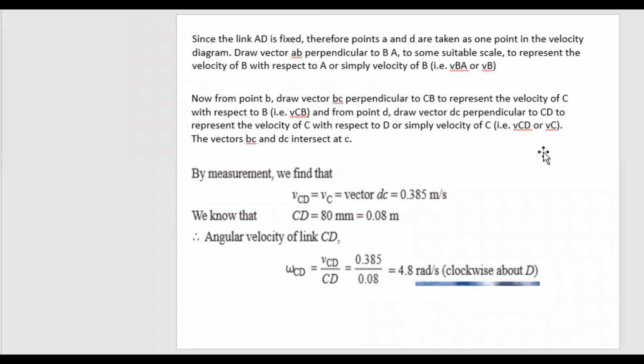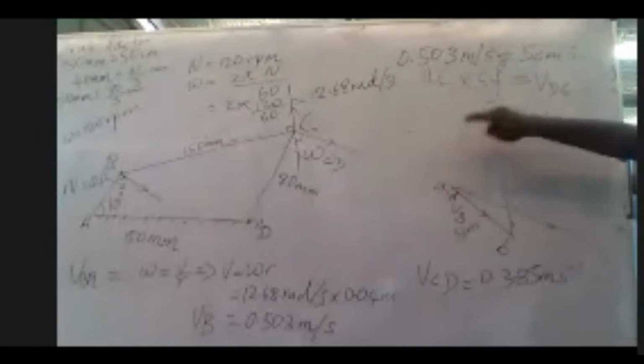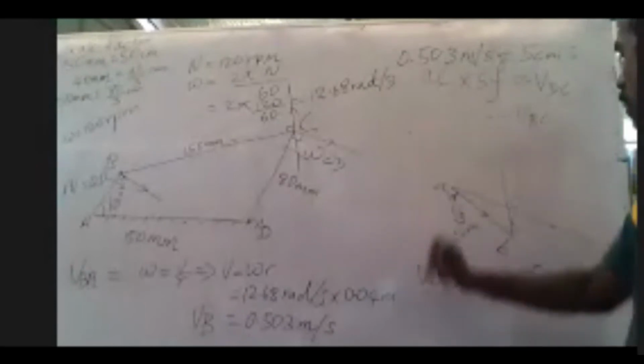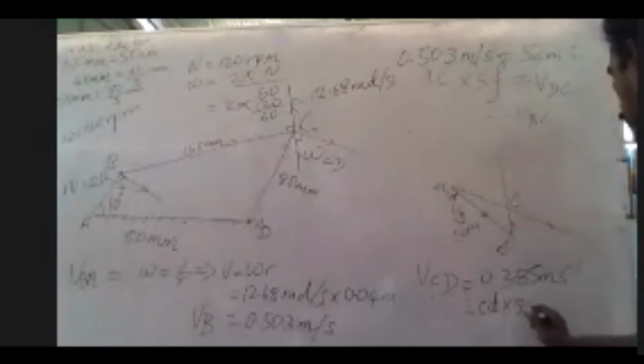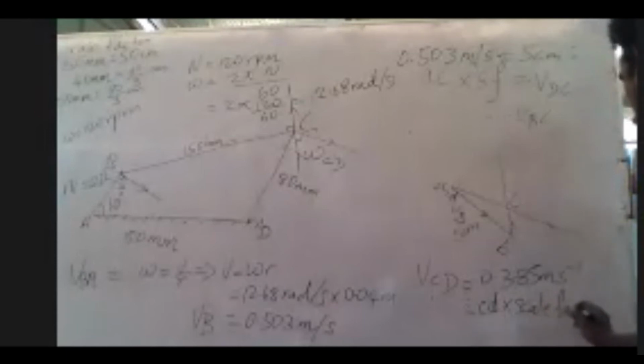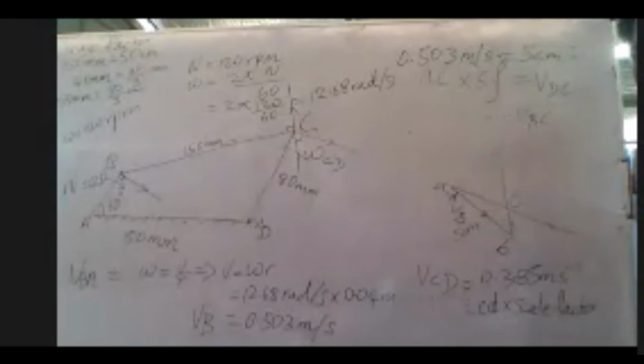So you need to measure it, and when you convert it with your scale factor, you will have VCD is equal to 0.385 meter per second. When I measure this CD and multiply with the scale factor, I have VCD, that is CD into scale factor, which is giving me 0.385 meter per second.